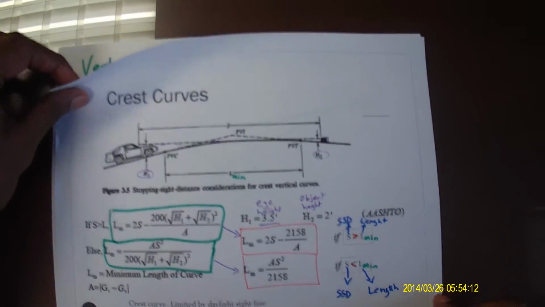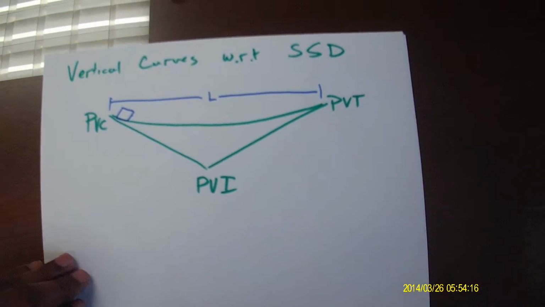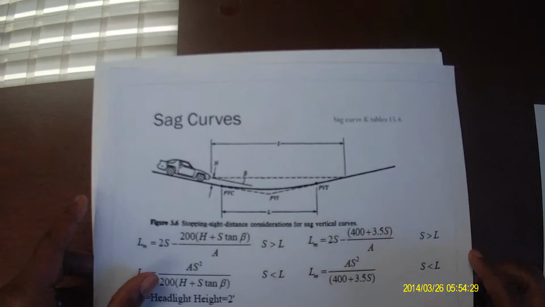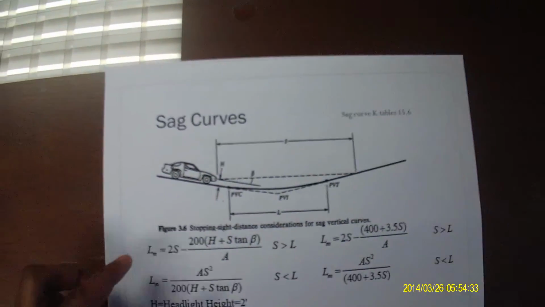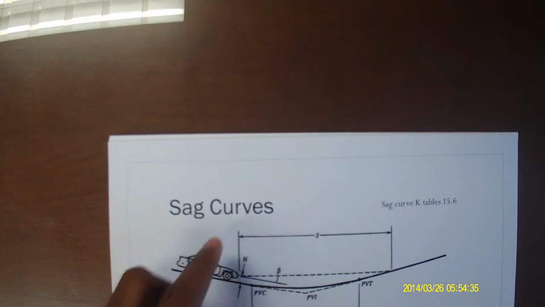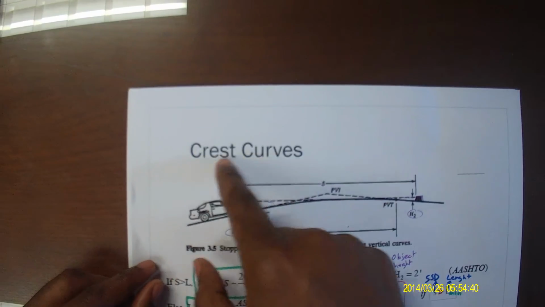Well, let's look at this with respect to an example. Now, this example that I'm going to draw is one of a crest curve. But before I continue on with this example, I want to show you that the sag curve has its own set of equations. All right? So you see, here's the sag curve, and we've had a crest curve already.